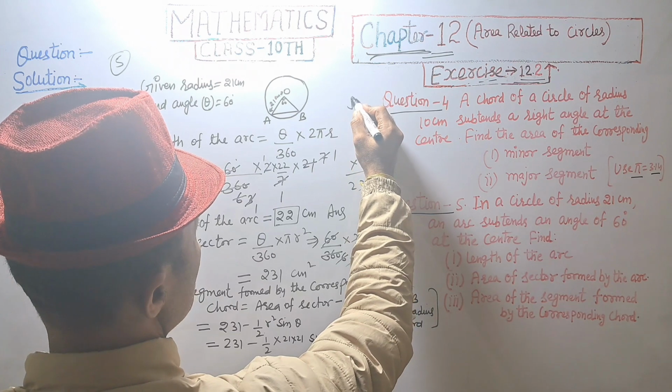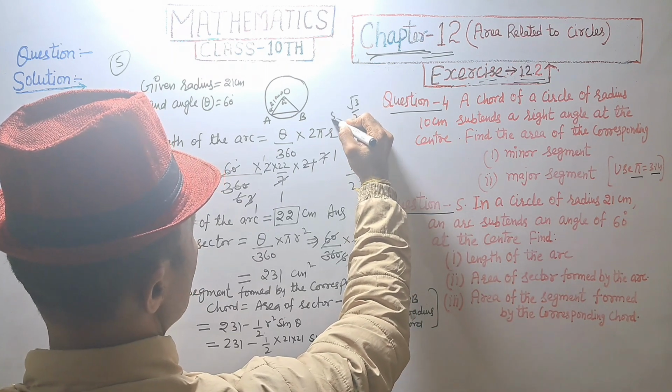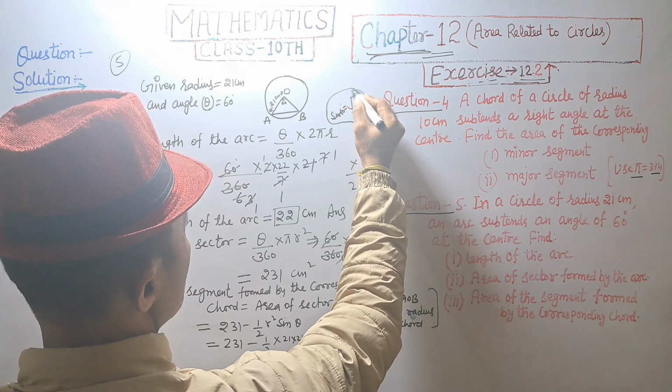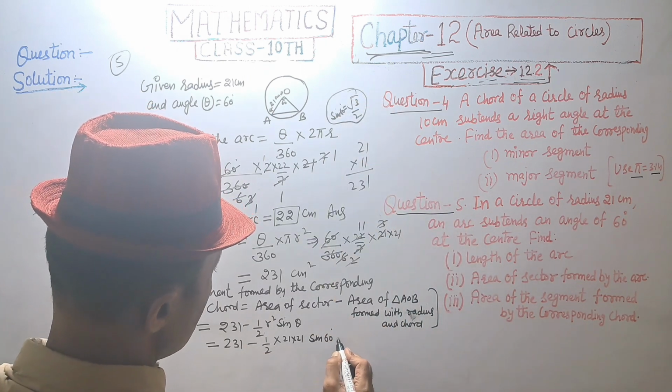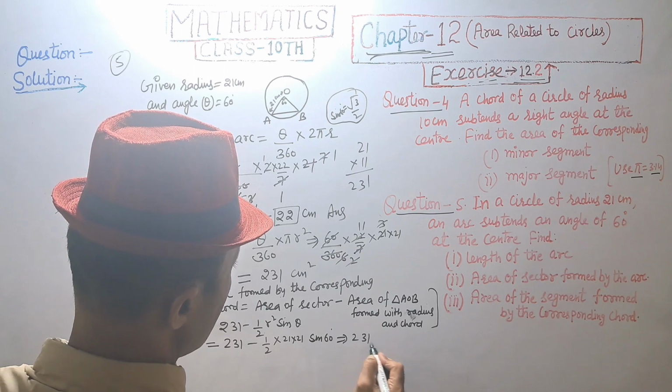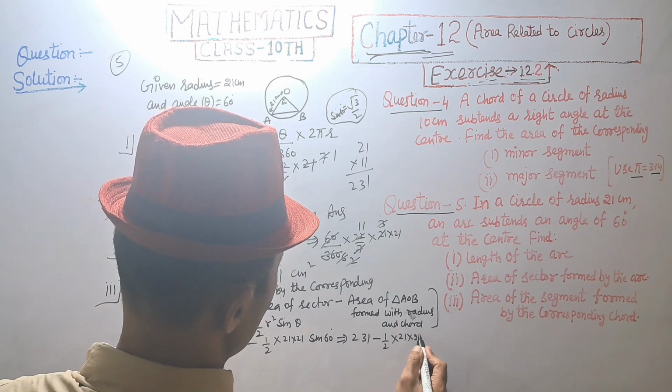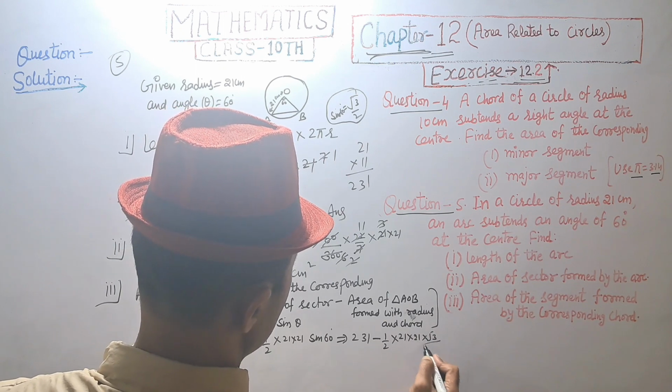Sin 60 degree is equal to root 3 upon 2. This implies 231 minus half into 21 into 21 into root 3 upon 2.